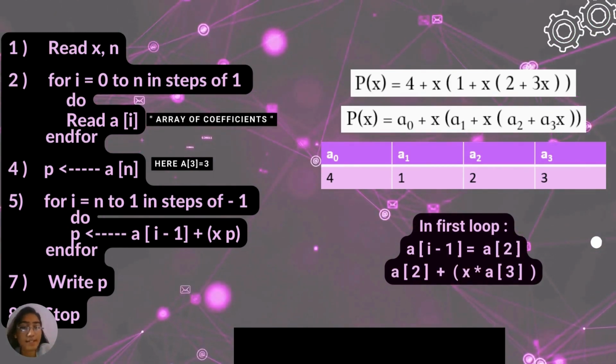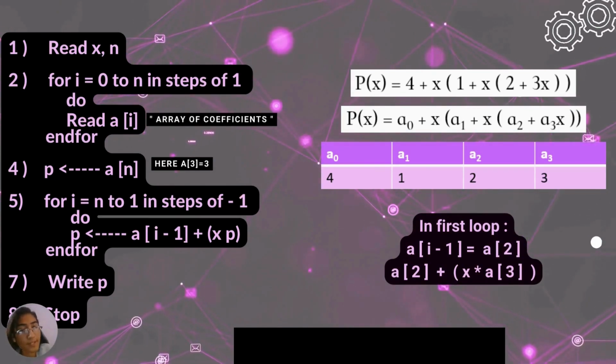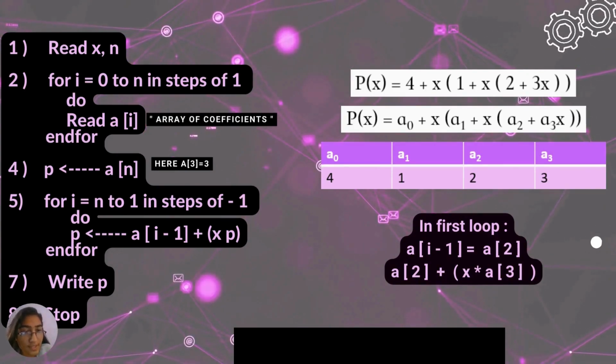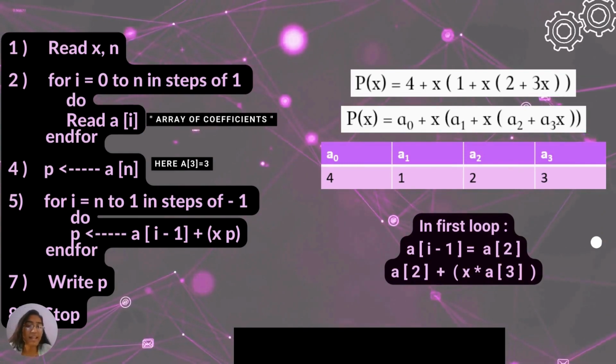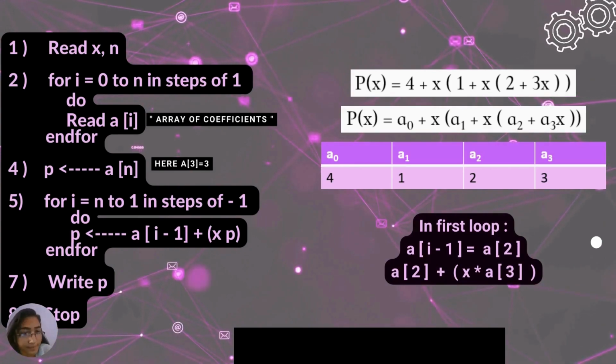The coefficient of x to the power 1 is a1. The coefficient of x cube is a3, and so on. So we will read all the coefficients, that is a[i], where i is just a0, a1, a2, a3, and so on.